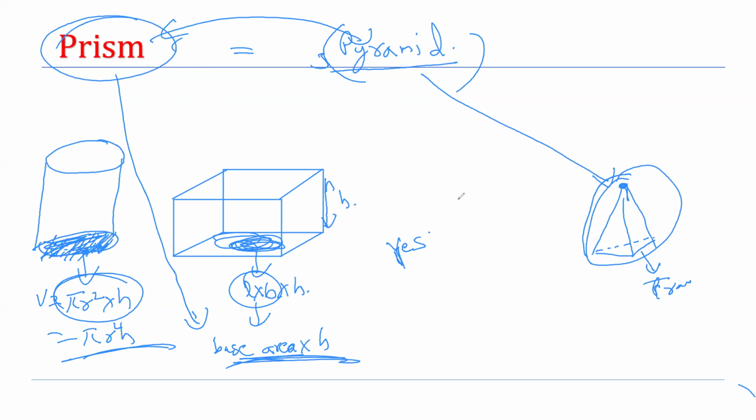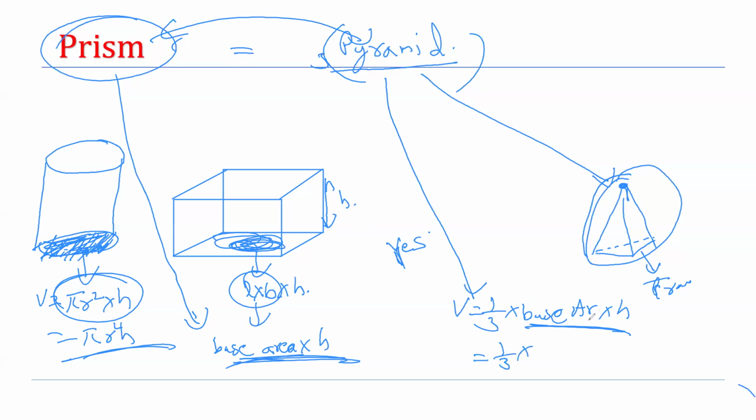Yes, sir. Then the volume of a pyramid will be 1 by 3 of the prism's, right? Volume equal to 1 by 3 into base area into height. Do you agree with me?